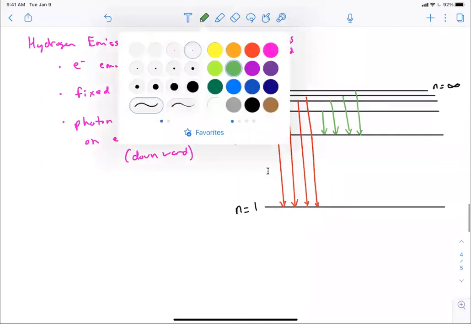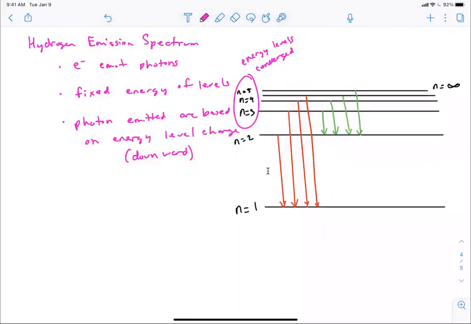Now, you also have to know that when you jump down to n equals 1, it's UV. Okay. This one is visible. And these jumps down to 3 are IR.